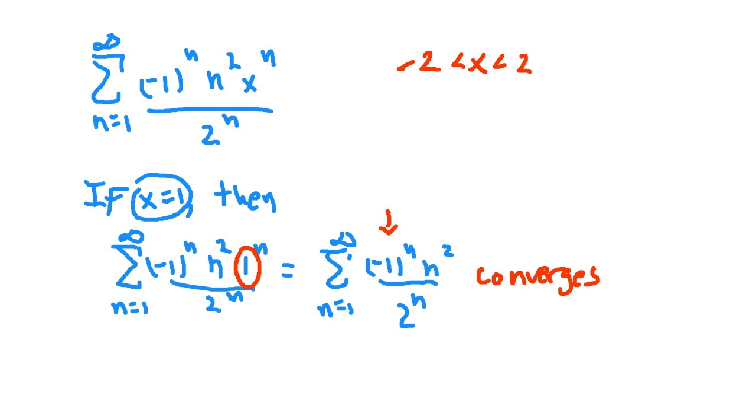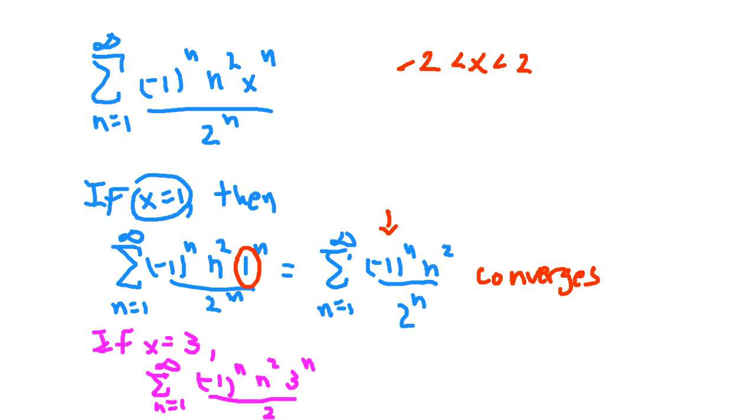Now, on the other hand, if x were equal to 3, then your power series would diverge.